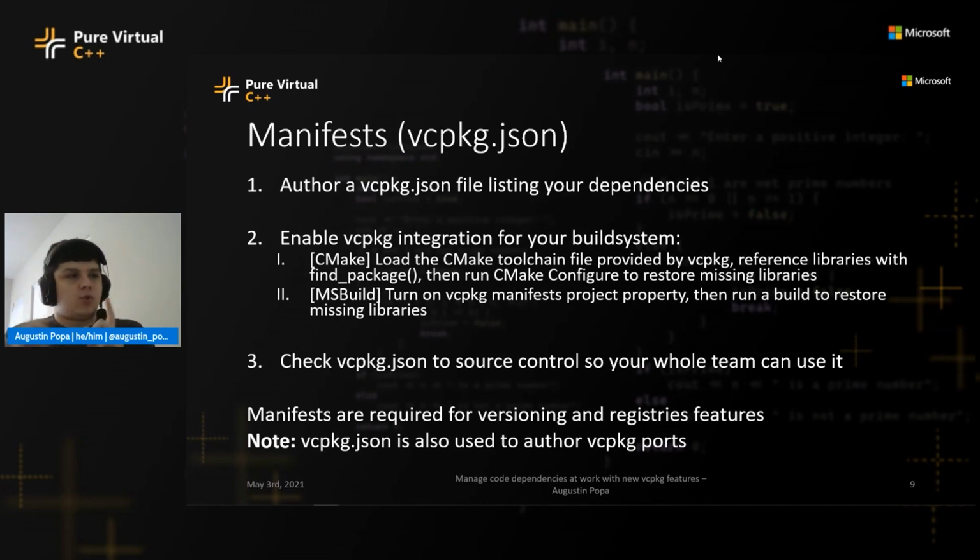Now, manifest mode does work a little bit differently than classic mode, in the sense that with classic mode, libraries get installed in a subfolder of the vcpkg installation directory. With manifest, they actually get installed in a subfolder of your project, wherever that vcpkg.json exists.